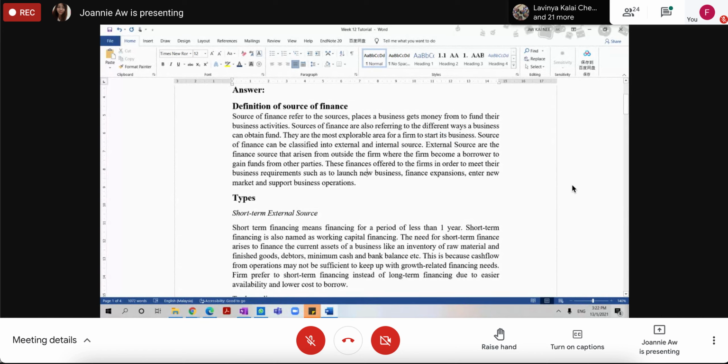The finance is offered in order to meet business requirements, such as to launch their business, finance expansions, enter new markets, and also to support business operations. This is my definition.